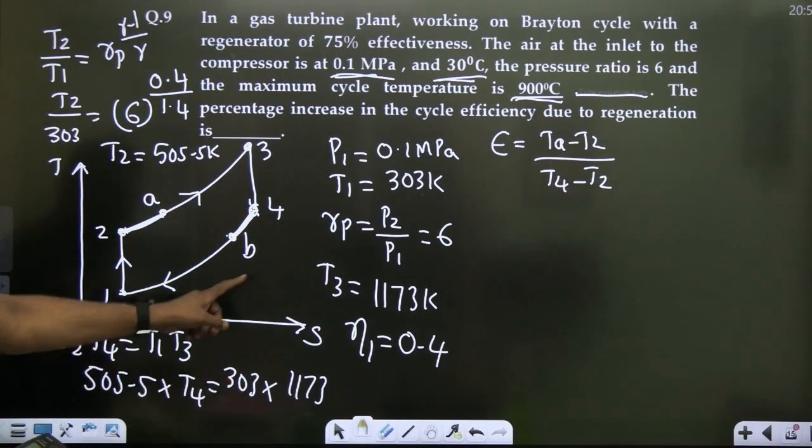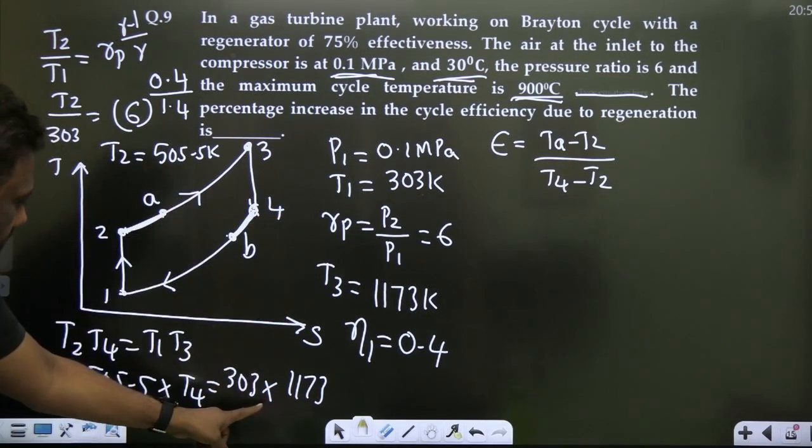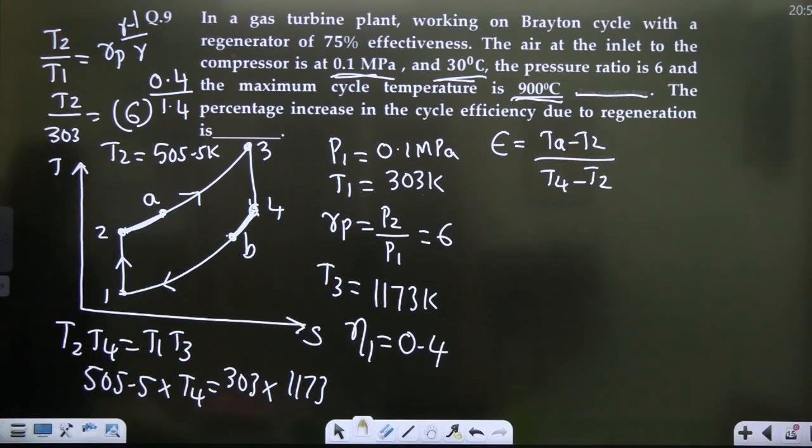T1 is 303, T3 is 1173. So T1 T3 is equal to T2 T4. 303 into 1173 divided by 505.5 gives T4 as 703.1.